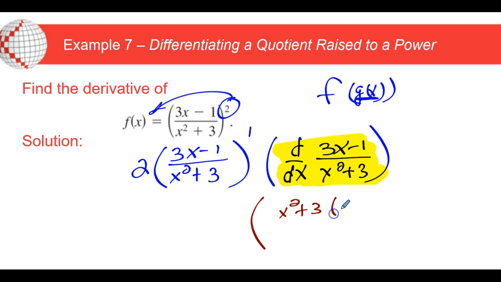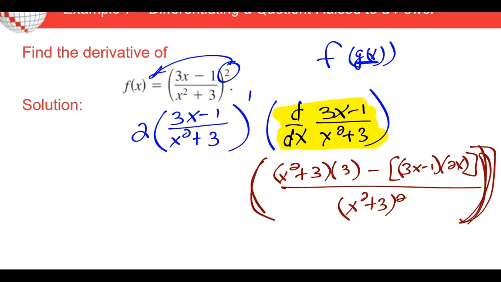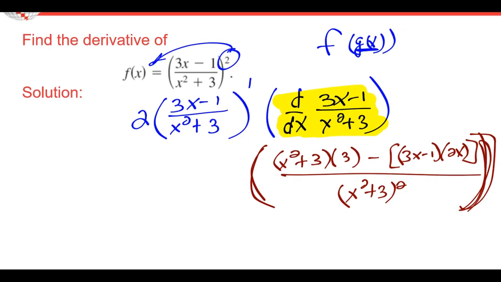Low d high minus high d low all over low squared. So that's that little baby cow. So this, I'll write it. 3x minus 1.